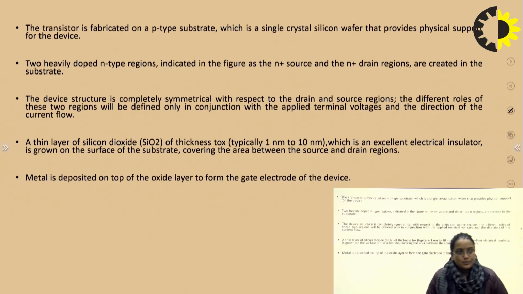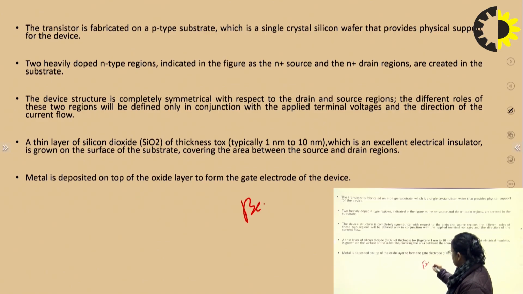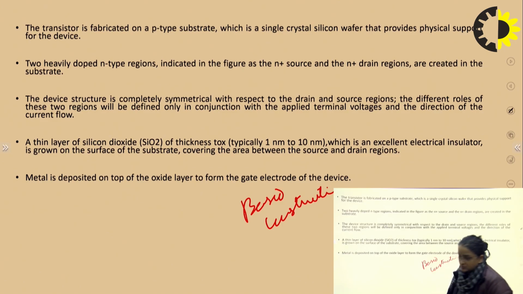Metal is deposited on top of the oxide layer to form the gate electrode of the device. So this is all about the basic construction: how the P-type substrate is made, how the doping is done at the source and drain terminals, and ultimately how it results in the formation of the N-channel at the channel region.